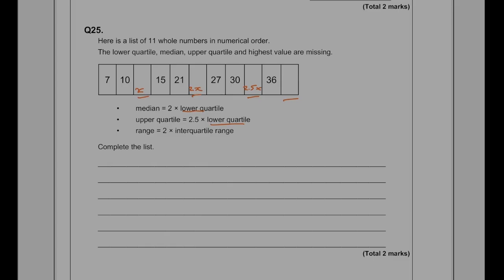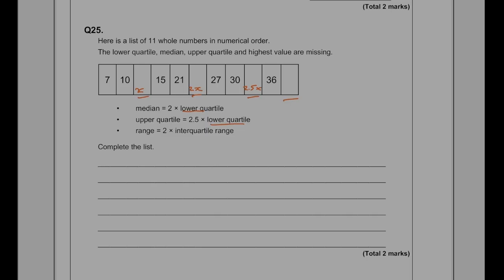The interquartile range would be 1.5x, and if the range is 2 times the interquartile range, that would be 2.5x take away x, which is 1.5x, so twice that is 3x. So I'll leave that for now.